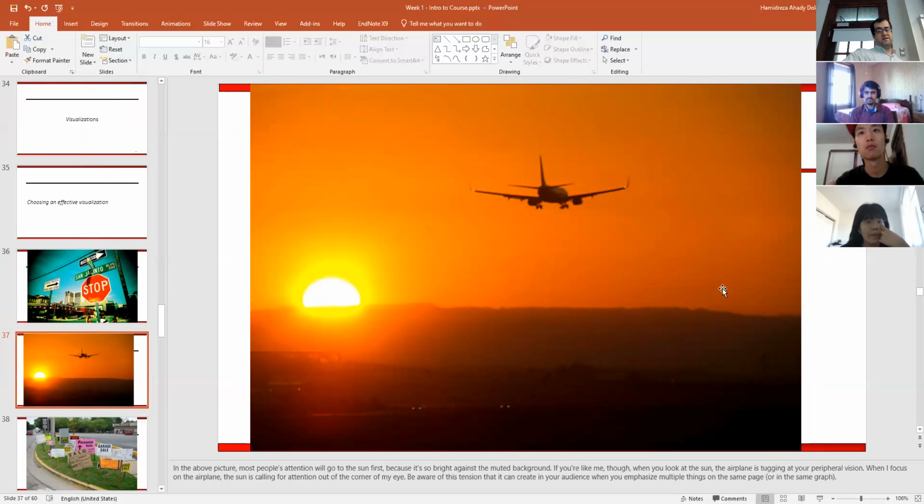Also here, it depends, it's subjective, but probably the sun is more eye-catching here than the airplane. Do you remember a visualization disaster related to an airplane? It happened about 6 months ago in Iran. It was a commercial flight going near a military zone. Actually, the airplane was on the correct trajectory.